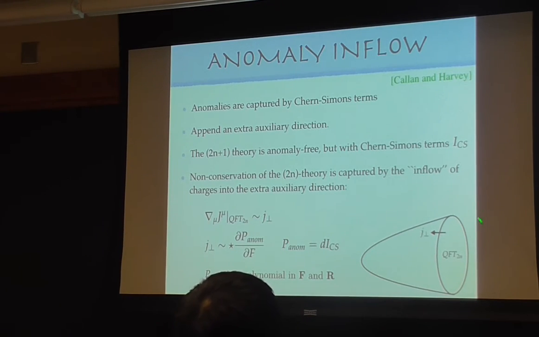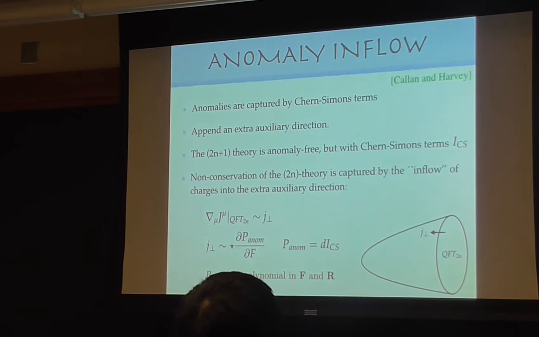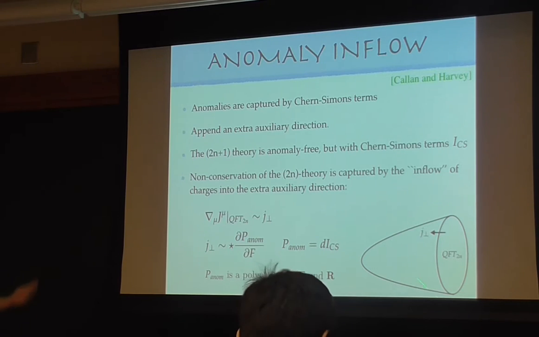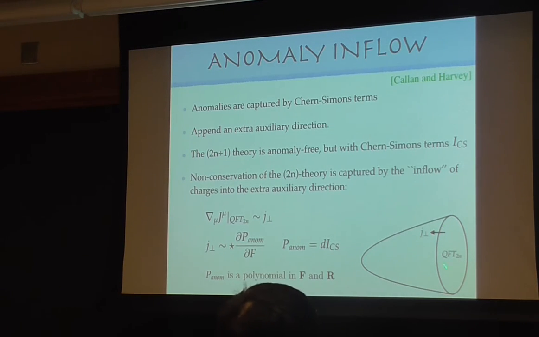If you do it this way, in 2n plus 1, you should include a Chern-Simons term, so that the non-conservation of the 2n-dimensional QFT is captured by these 2n plus 1 Chern-Simons terms. Morally, you can think of the non-conservation of the 2n-dimensional QFT as captured by some charge inflow or outflow, hence the name inflow. And this inflow has to do with the currents associated with this Chern-Simons term.